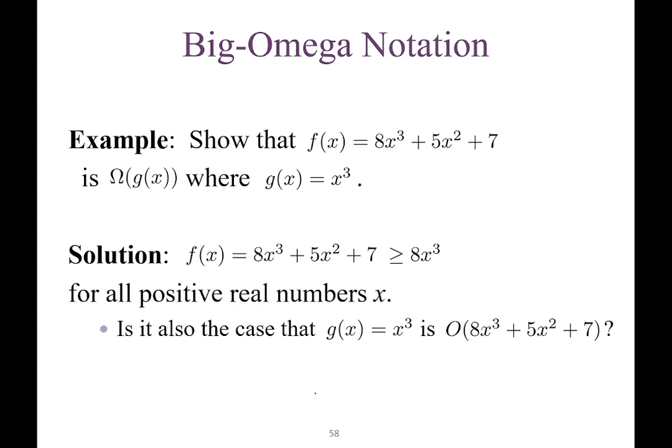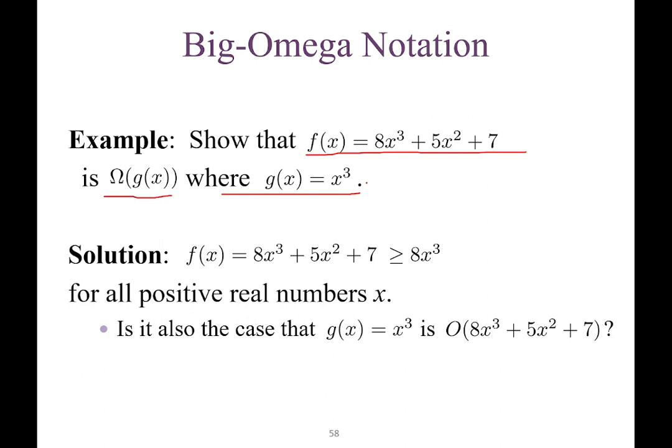Okay, next let's see an example of how to prove big omega notation, just like the way we did for the proof of big O notation. In this example, f of x equals 8x cubed plus 5x squared plus 7, which is big omega of g of x, where g of x is x cubed.